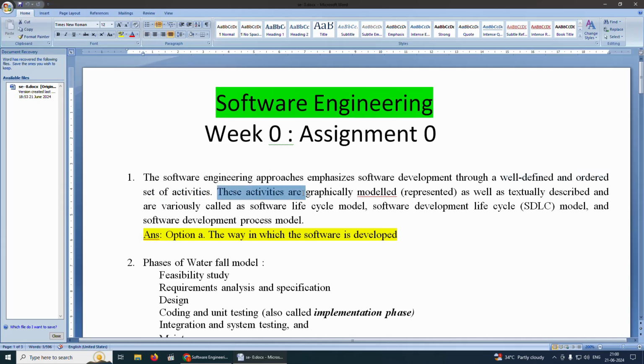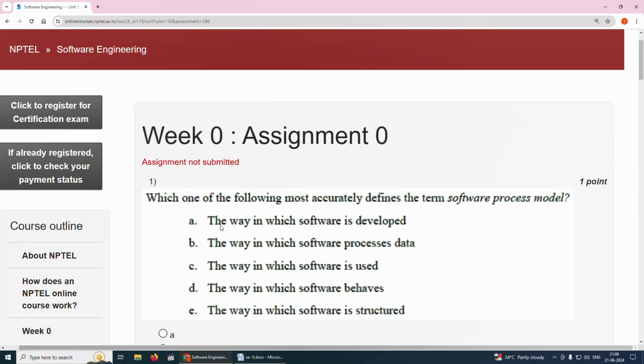These activities are graphically modeled or represented as well as textually described and are variously called software lifecycle model, software development lifecycle model, and software development process model. So the answer is option A, the way in which the software is developed.